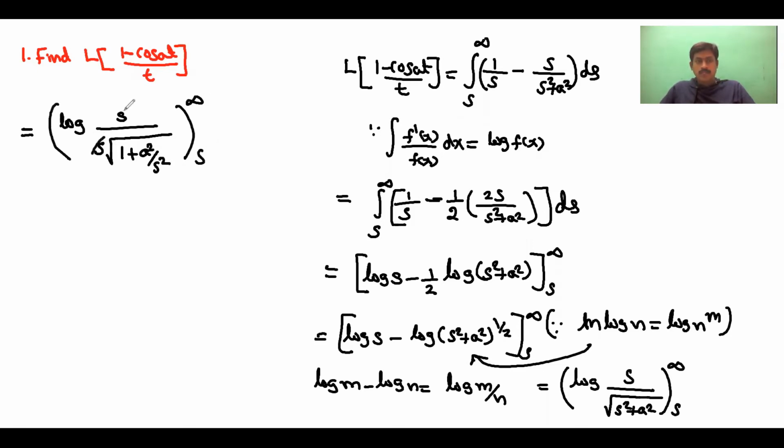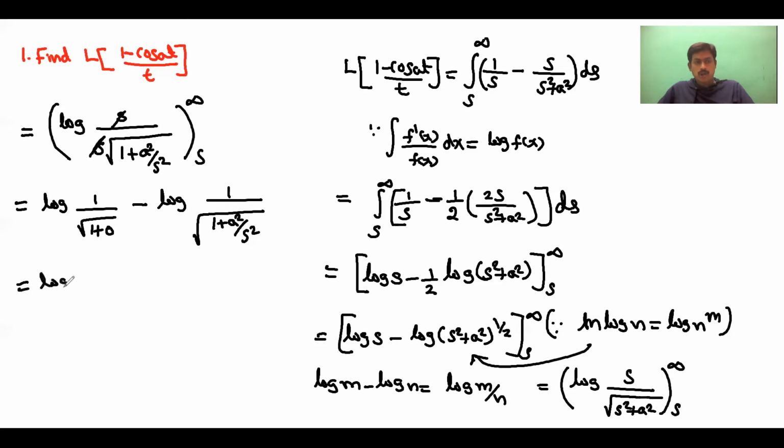Here this s and this s will get cancelled. Now if you apply the upper limit, you get log of 1 divided by square root of 1 plus a square by infinity, which is 0, minus the lower limit log of 1 divided by square root of 1 plus a square by s square.